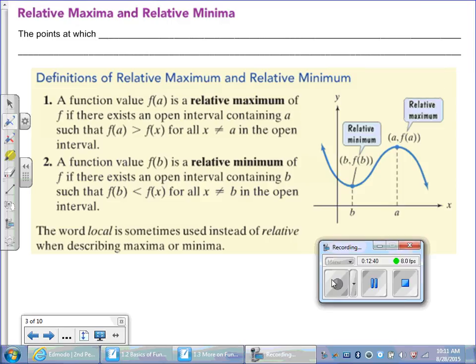Okay, so we're going to write down a definition, and now we're going to move on to relative maxima and relative minimum.